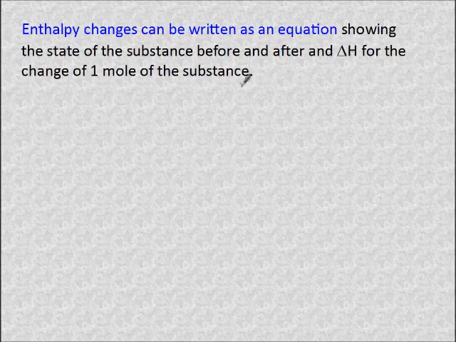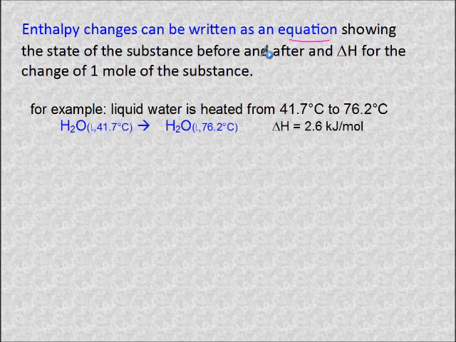So I can write enthalpy changes as an equation, like a chemical equation. For example, if I have my liquid water, which I just did, it's going from 41.7 to 76.2. I write it down. Here's my water. L is the state for liquid. That's the temperature that it is. The arrow means it's changing to water, which is also still liquid, at the new temperature.